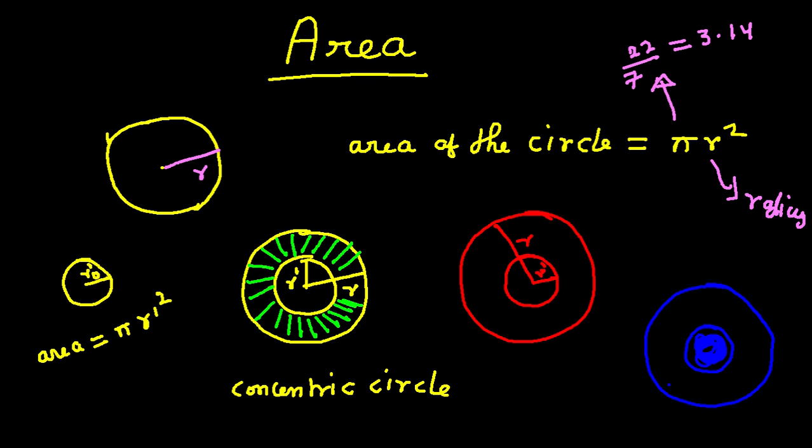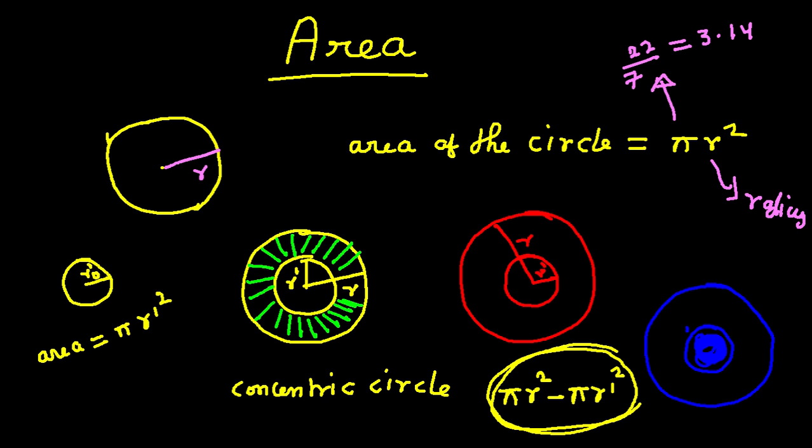Suppose you have an iron sheet, and in that iron sheet you have cut this part, this blue part. So you will get the area of this part. Same thing here. So finally, if you subtract like this, that is pi r square minus pi r dash square, that is the area of the shaded portion.